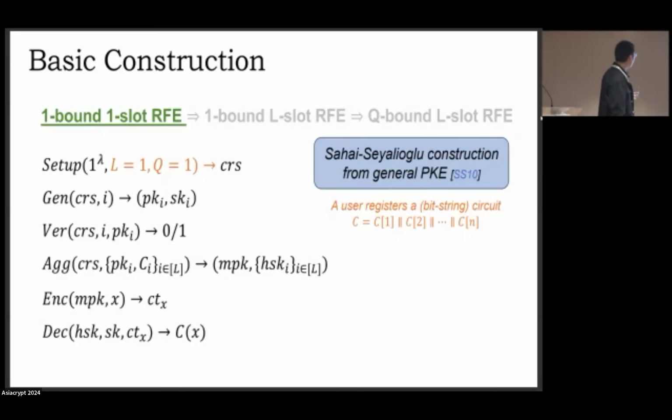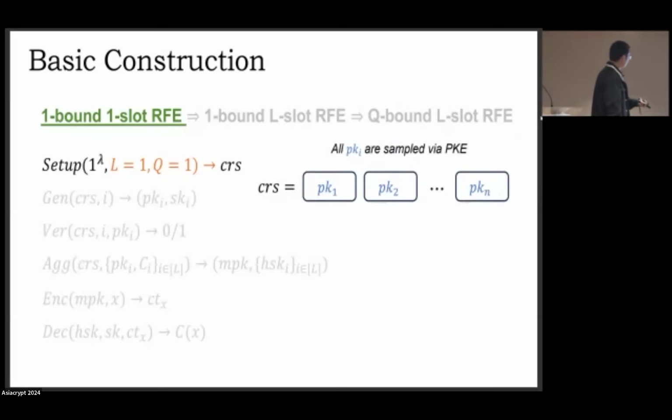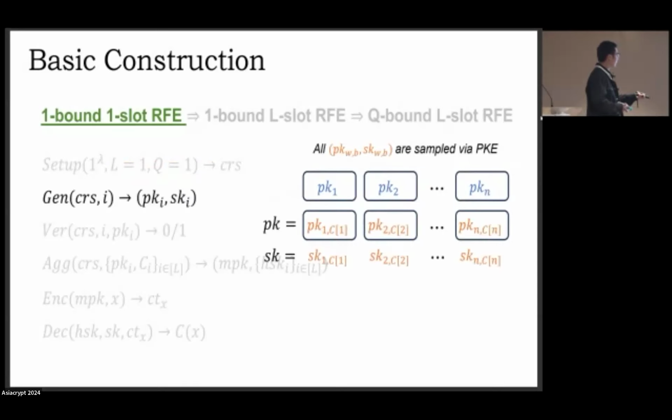We can build one-bound, one-slot RFE just from general public key encryption. Then the CRS just consists of n pairs of public keys simply from PKE. And similarly, the user will generate his public key and secret key by sampling n pairs of PKE. Here, each pair of PK and SK corresponds to a bit of the circuit.